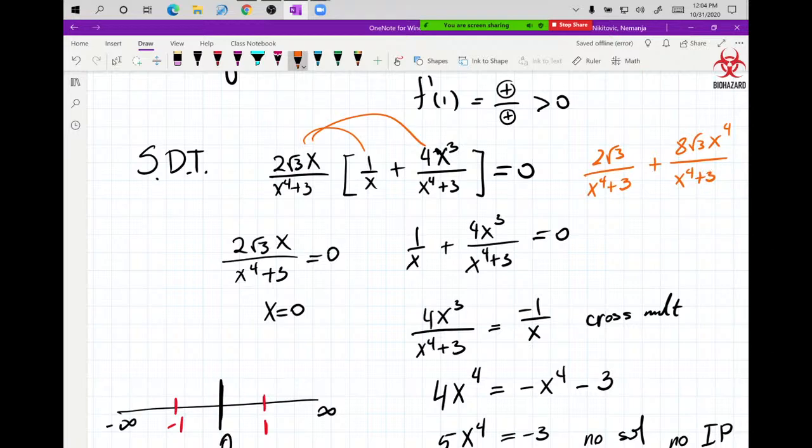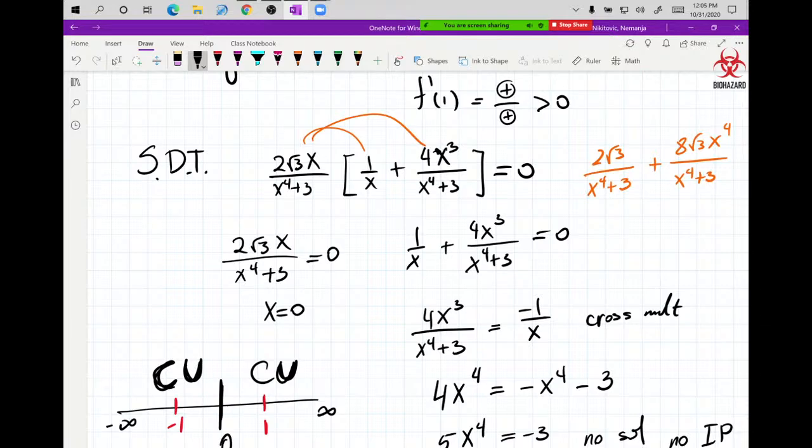So now when you plug in your value of 1, you see that everything is positive, so that's concave up immediately. Because the bottom is always positive no matter what. This is always positive. So this is always a positive number here. And when you plug in a -1, -1 to the 4th power is always positive. So this is concave up as well.